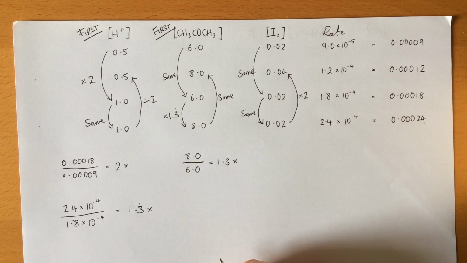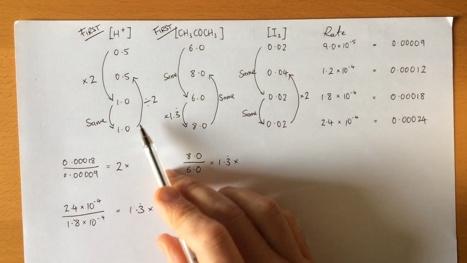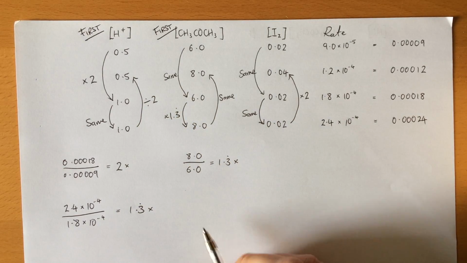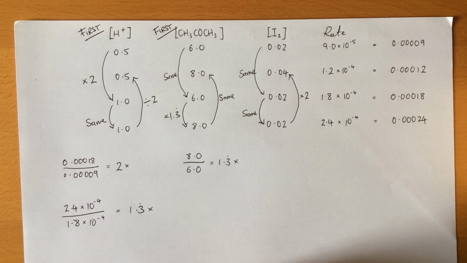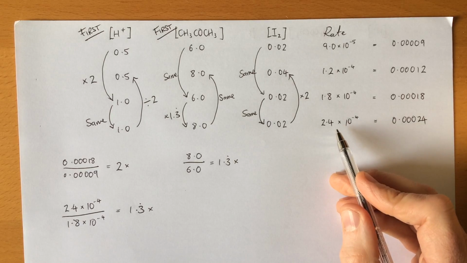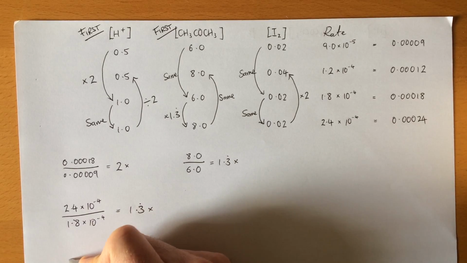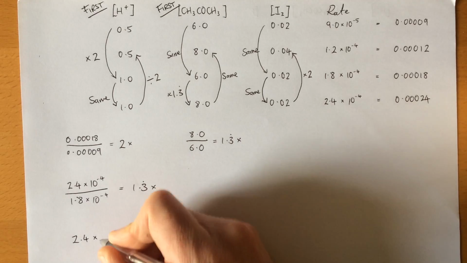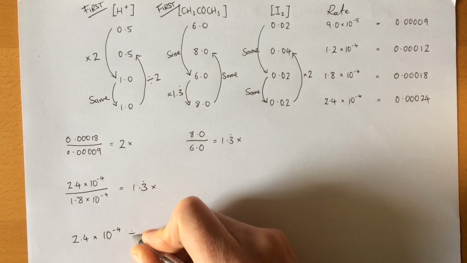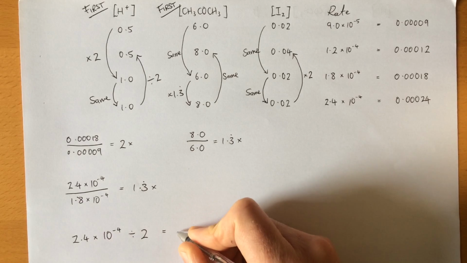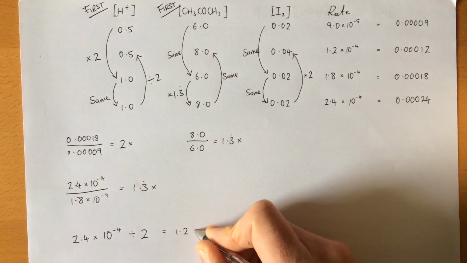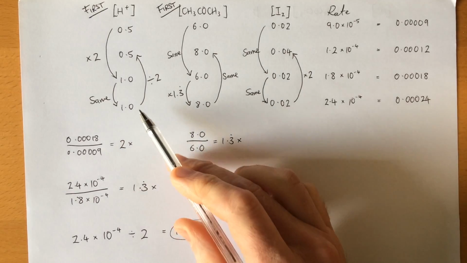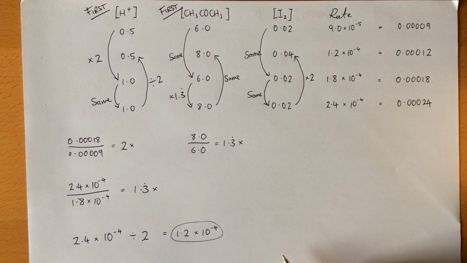And we can see the rates here. First of all then, the concentration of hydrogen ions has decreased by a factor of 2. We know that hydrogen ions are first order, so the rate, 2.4 times 10 to the minus 4 divided by 2, is equal to 1.2 times 10 to the minus 4. So that's what the rate should be based on the effect of the hydrogen ion concentration.